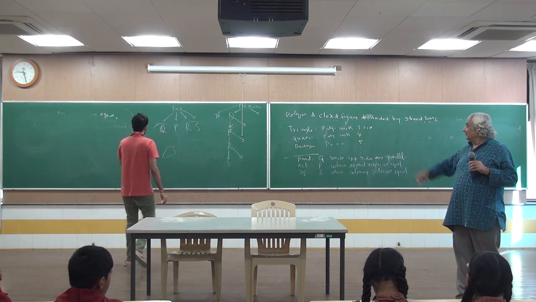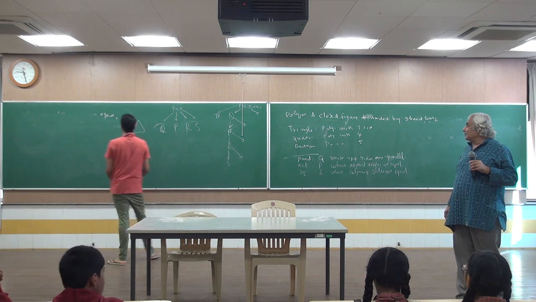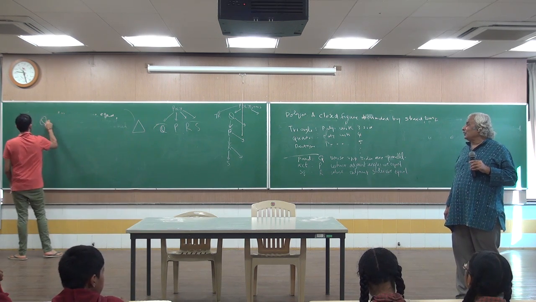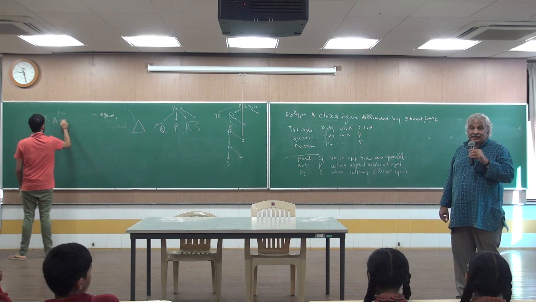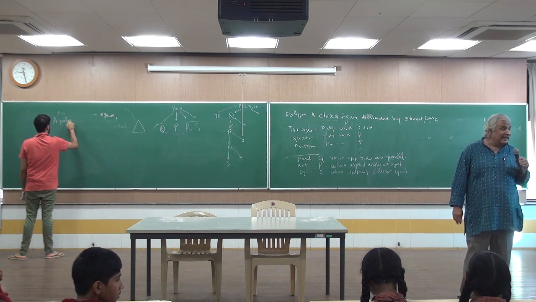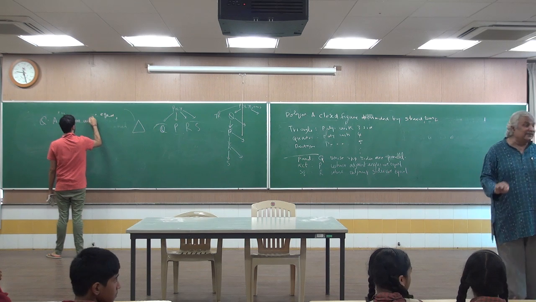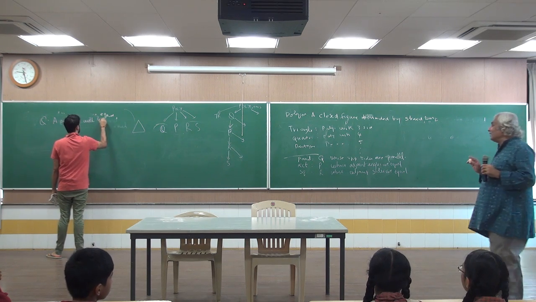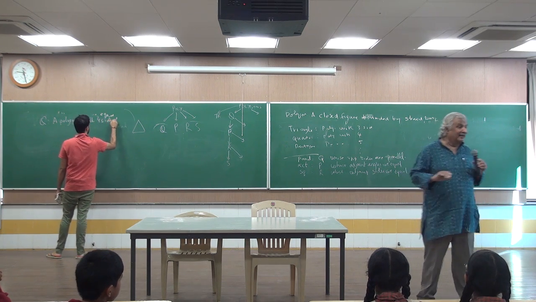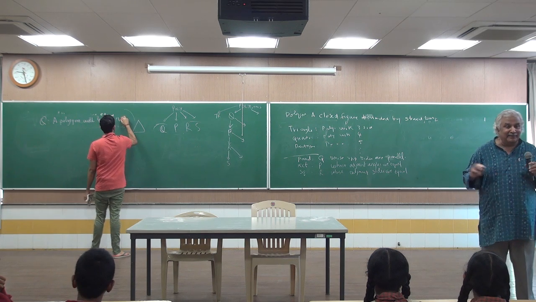A quadrilateral is a polygon in which none of the sides are equal and none of the angles are equal, and has four sides. Okay, so a quadrilateral is a four-sided polygon where none of the angles and none of the sides are equal.